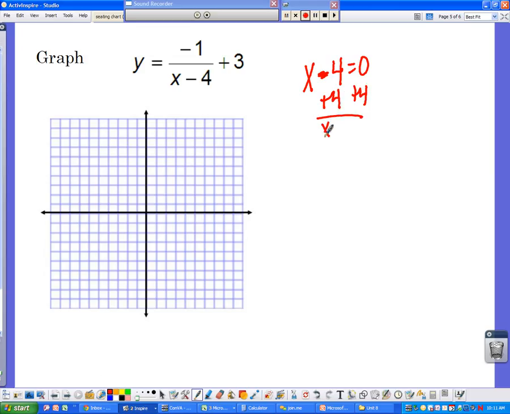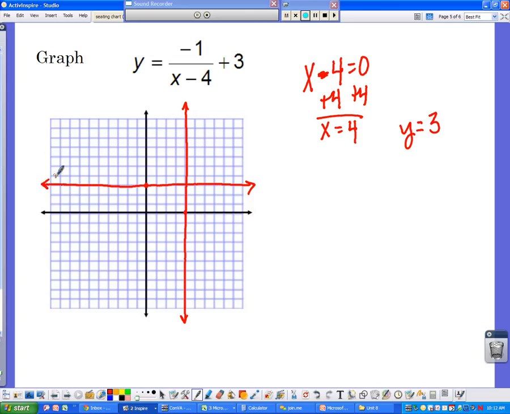The first one we find is x equals 4. So there's the first vertical asymptote. And remember, to get our other one, it's just y equals 3, our horizontal asymptote. So that's what our asymptotes are.